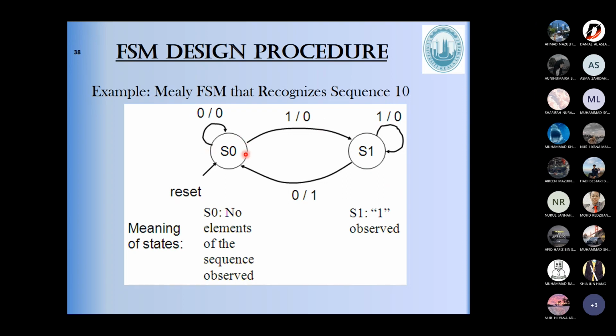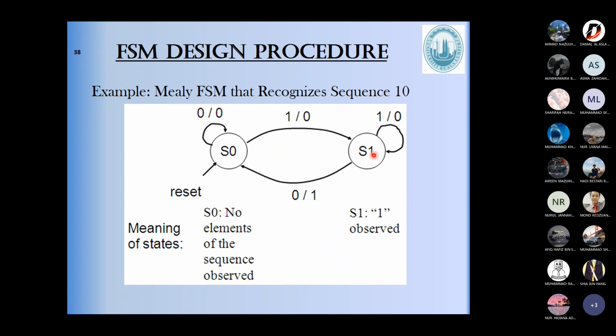Because remember, each of the states must have 2 output lines. Okay, every state must have 2 output lines. One when it finds 1, another when it finds 0. So state 0 will go to state 1 when it finds 1, but it will take a self arc if it finds 0. Right, because here we find 1, here we find 0.